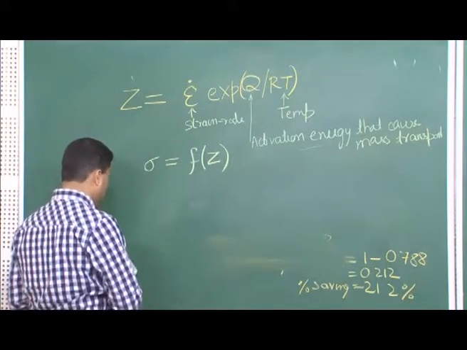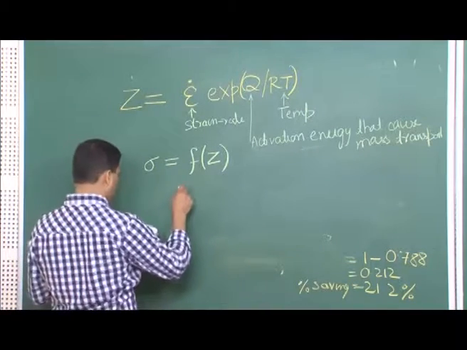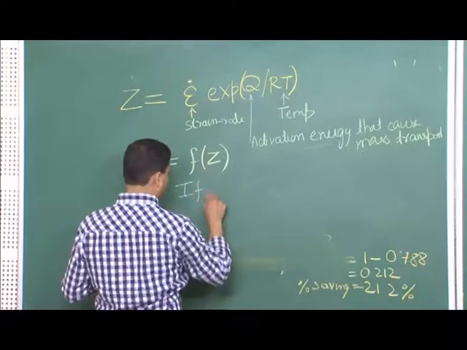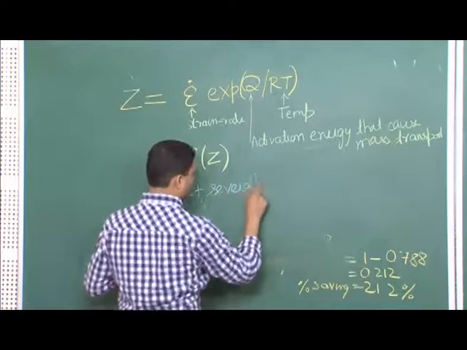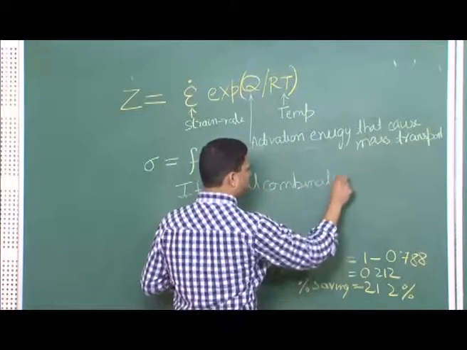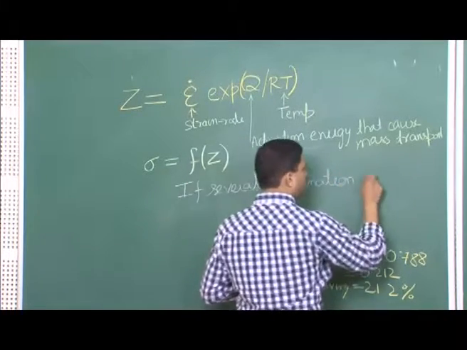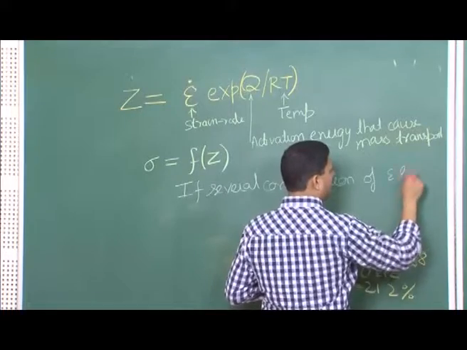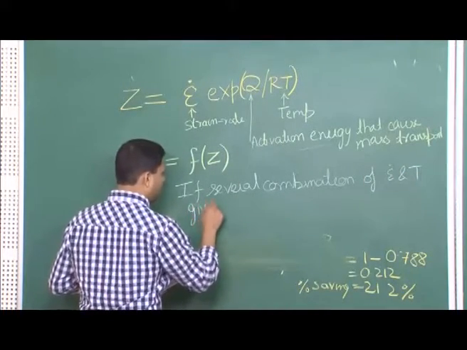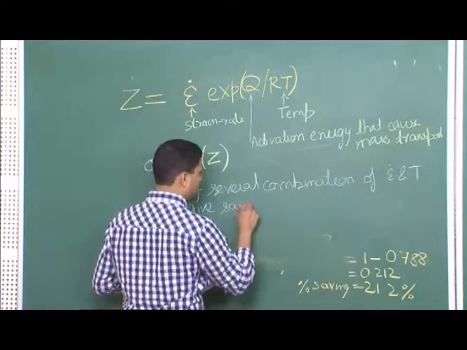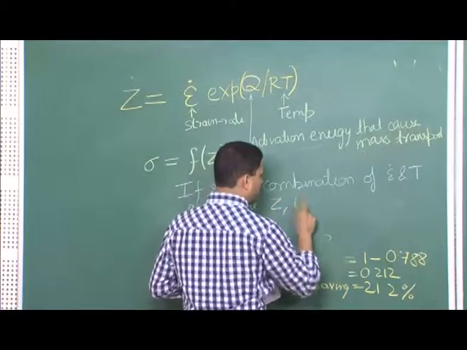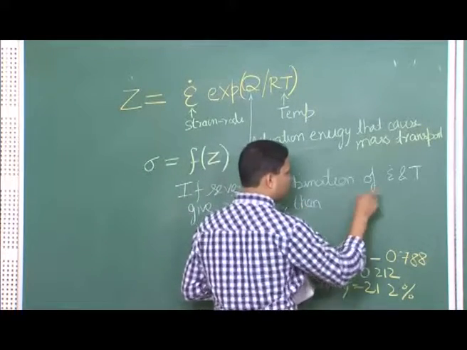So, let me write it down in words. If several combinations of strain rate and temperature give the same Z, which is the Zener-Hollomon parameter, then you have the same flow stress for those combinations.